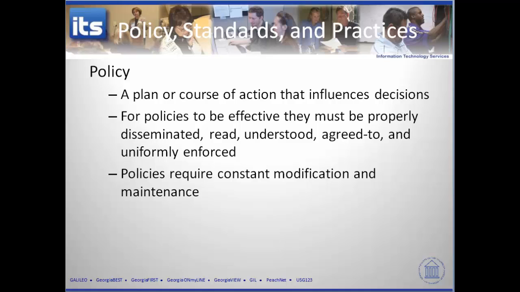So just think of policies all the way at the top, standards and practices a bit below that level, where you've got increased specificity, and where the standards and the practices or guidelines are going to change more frequently than your policies.